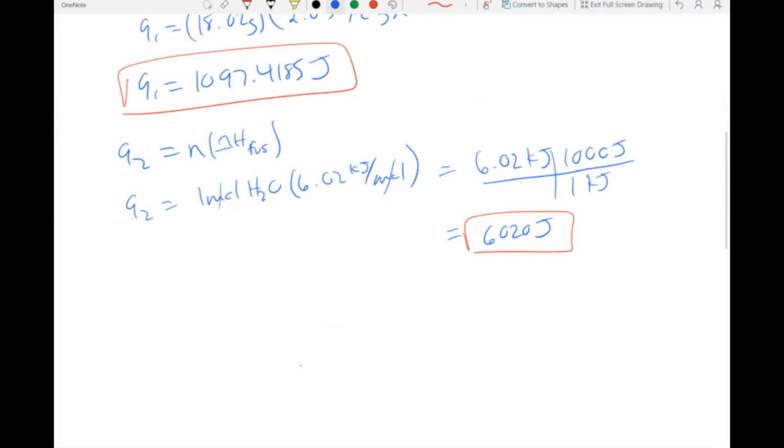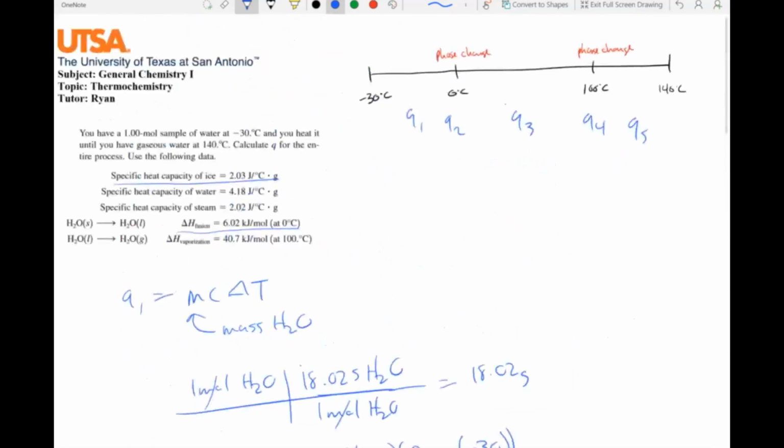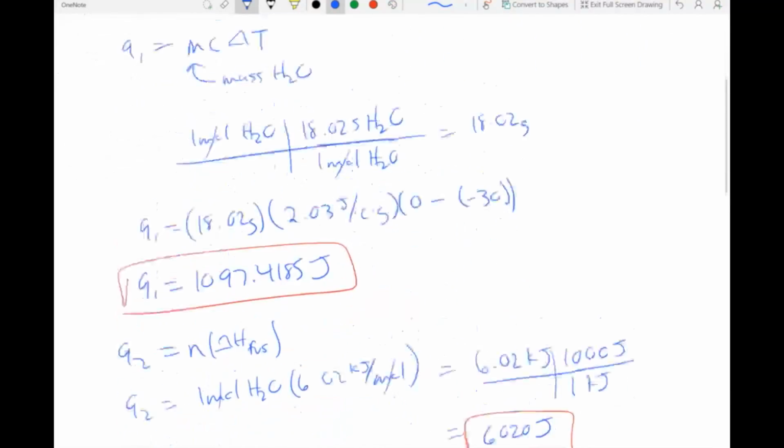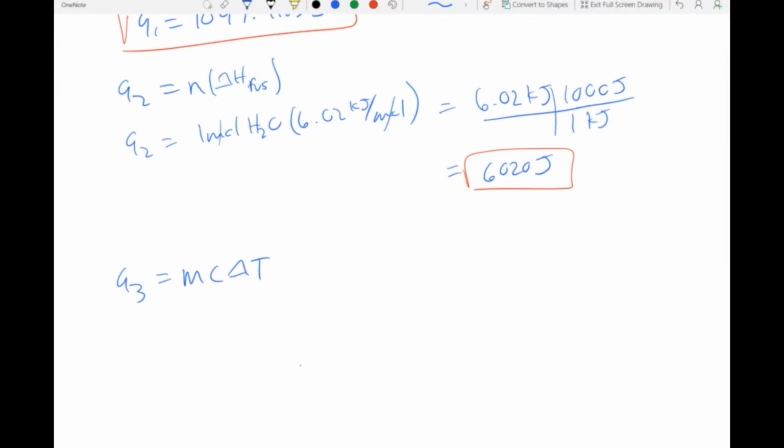So now let's solve for Q3. We can switch back to MC delta T, because here no phase change is occurring. We're already in liquid form. We're just going to be going to 100 degrees Celsius, because we know at that temperature water is going to change states.